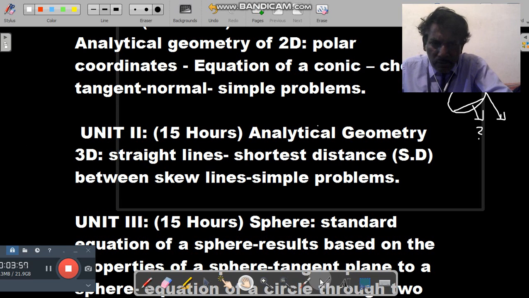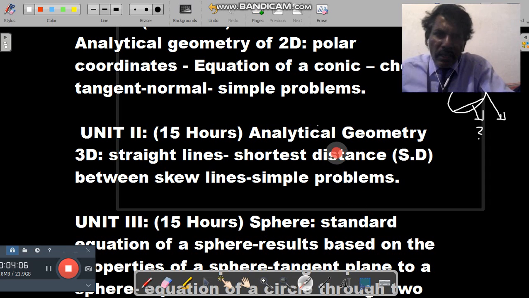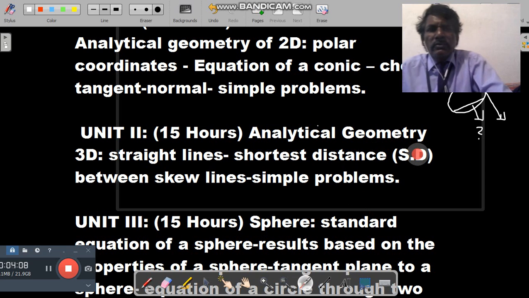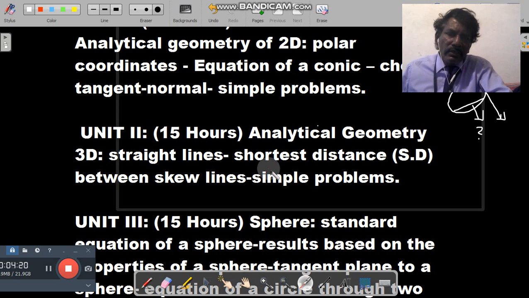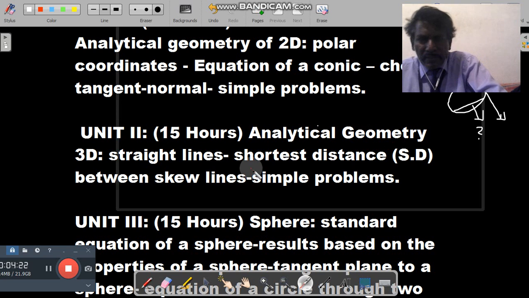We have to finish all the concepts here. The first one is about a straight line in 3D, 3 dimensions. In the previous case, it is 2 dimensions, but this is 3 dimensional geometry.